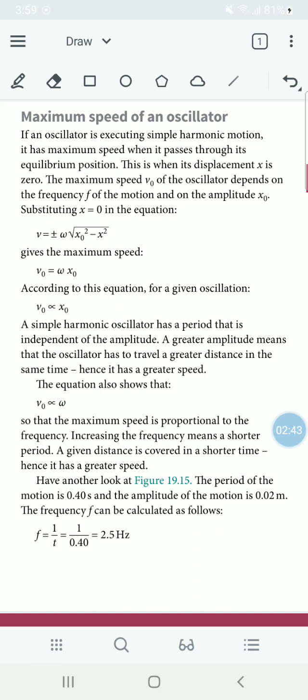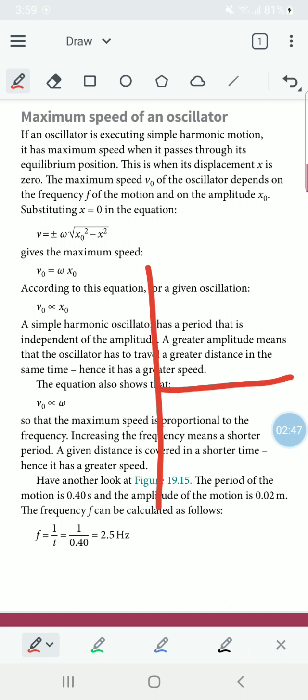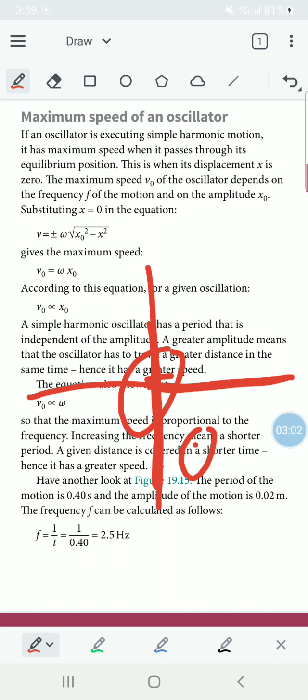When it is passing the middle, the displacement is 0 and it has the highest velocity at this point. Then it goes past to the other side and comes back again, and at this point it would have the highest velocity.